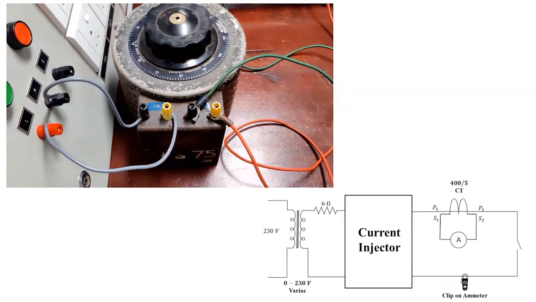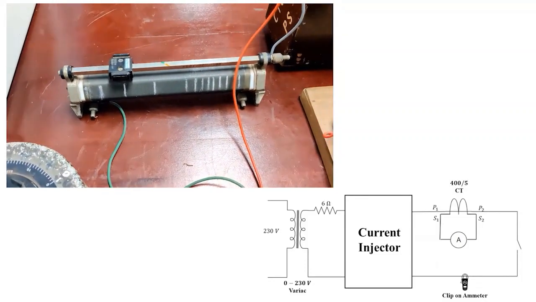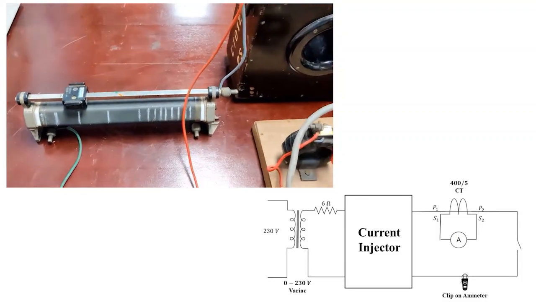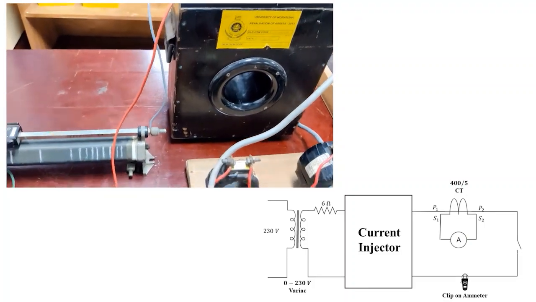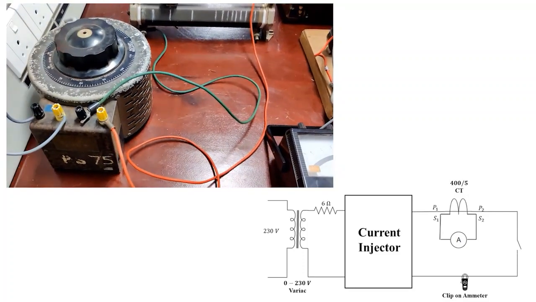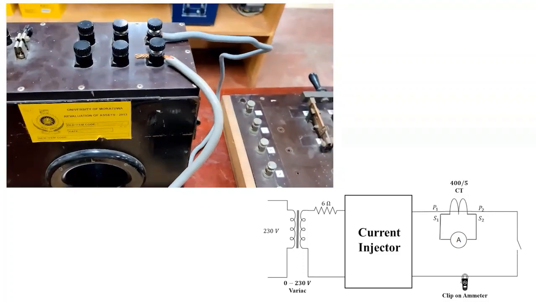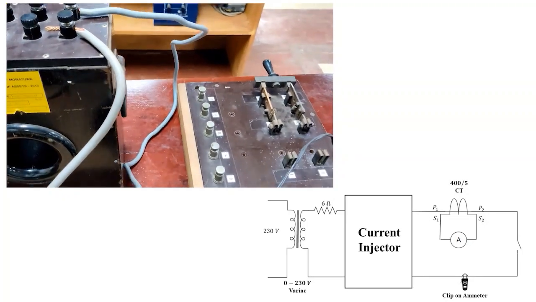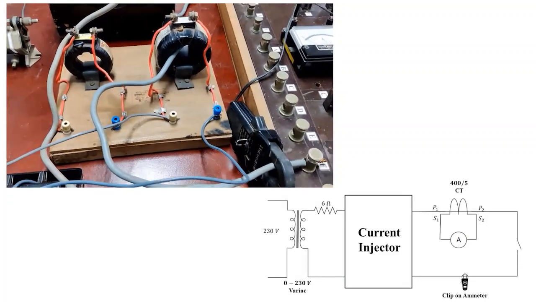As shown in the circuit, the variac is connected to the 6 ohm resistor and the input terminals of the current injector. One output terminal of the current injector is connected to the switch by the conductor which goes through the CT.